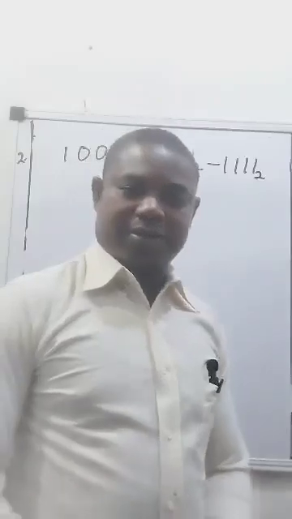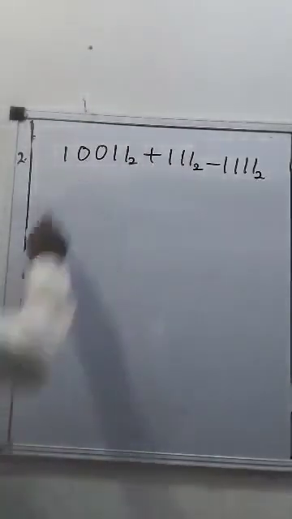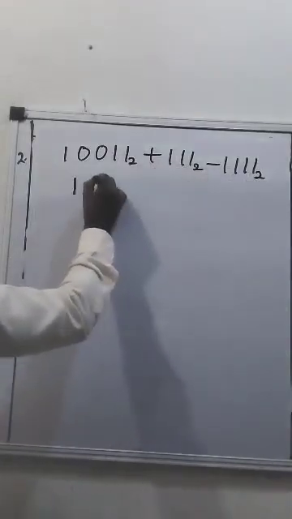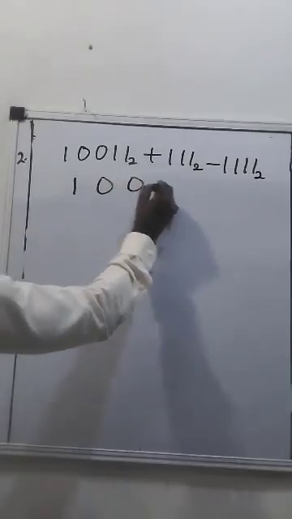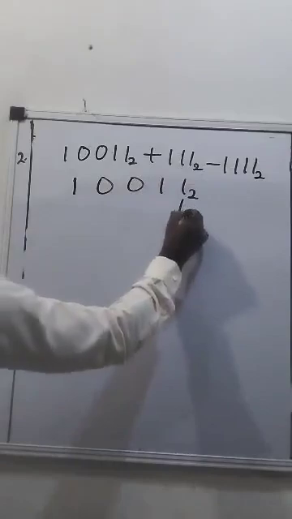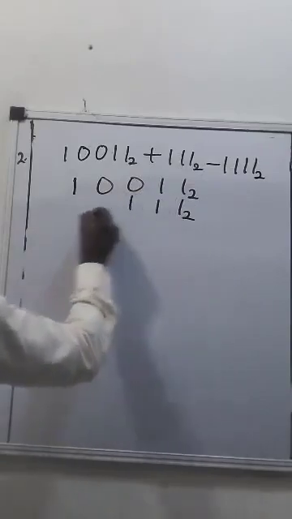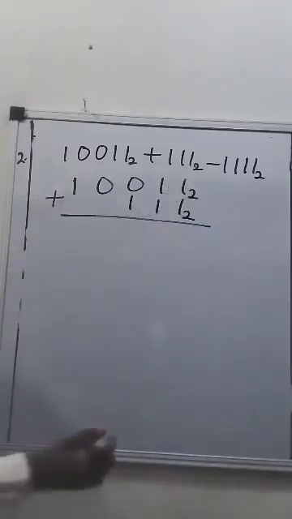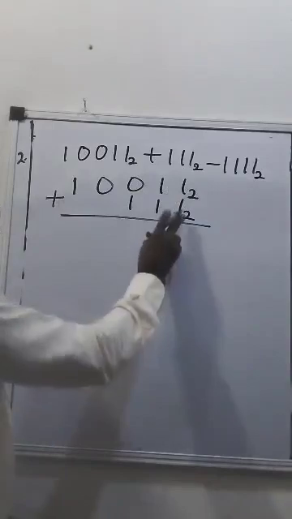Example number 2. So we are going to add this first before we subtract this. So we have 101 base 2. Then we start from this side. We add this first. So 1 plus 1 is 10. Like I said, normally it's 2, but we divide by 2.